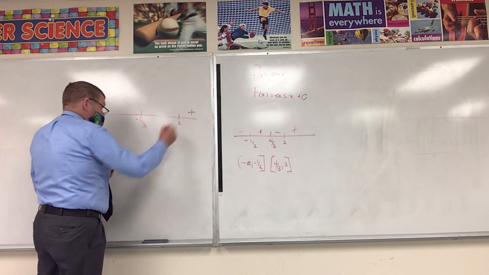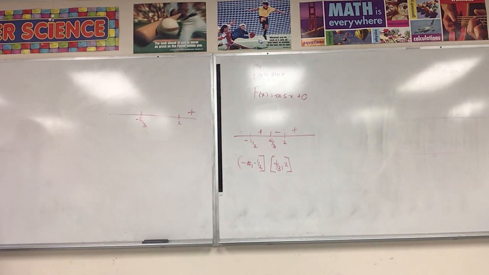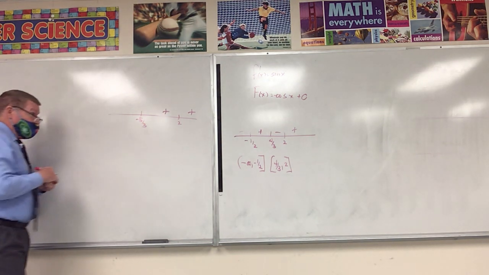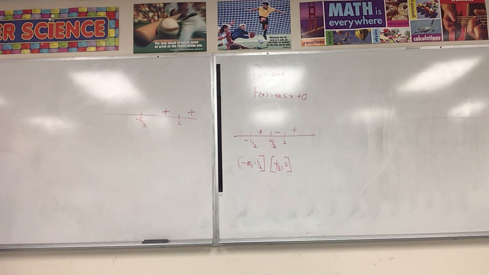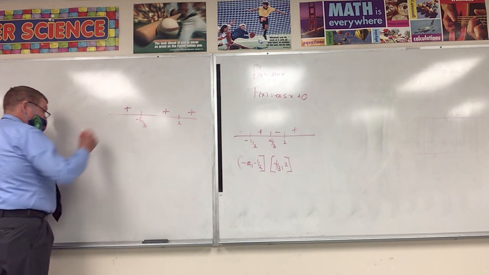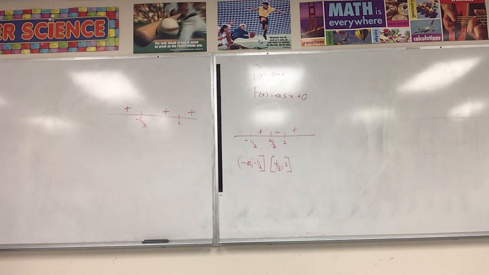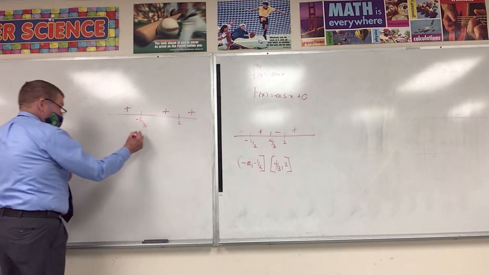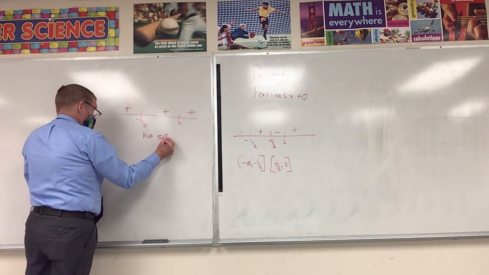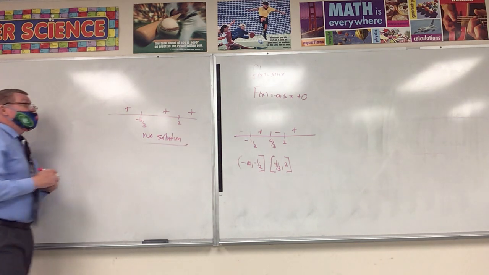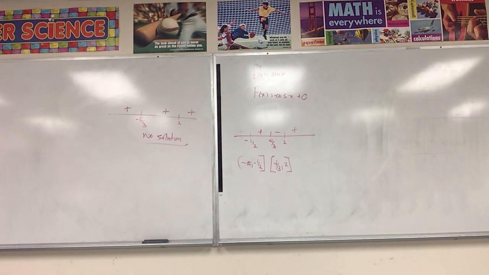Positive. What's going to happen at 2? Touch, because it's an absolute value. What's going to happen at negative 5 thirds? Touch. So therefore I'm going to be positive. They're asking me where am I less than 0? No solution. I do know somebody watched my video. That's great.